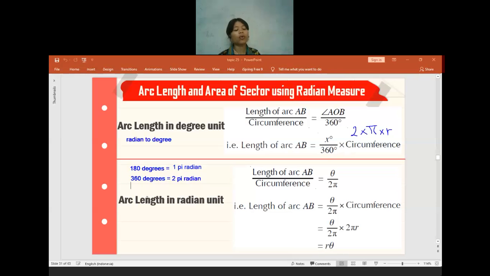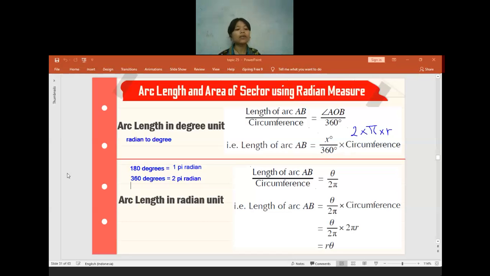So later, if you are going to find the arc length in radian units, the theta here represents how many radians it will be. And the 2 pi represents how many radians there are in one circle. So it will be theta divided by 2 pi times circumference. The circumference of a circle is 2 pi r.